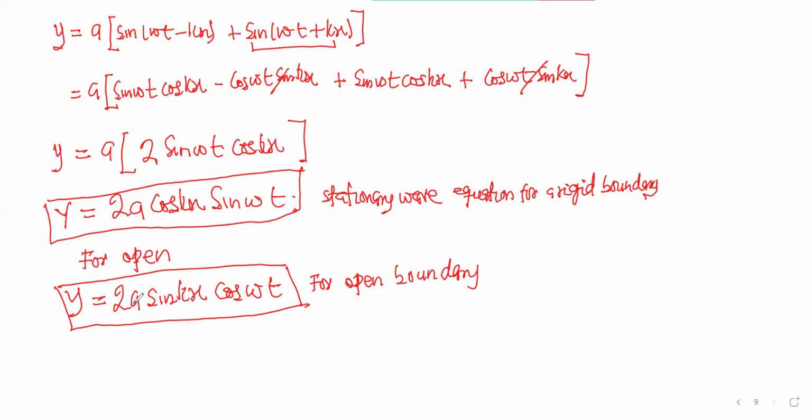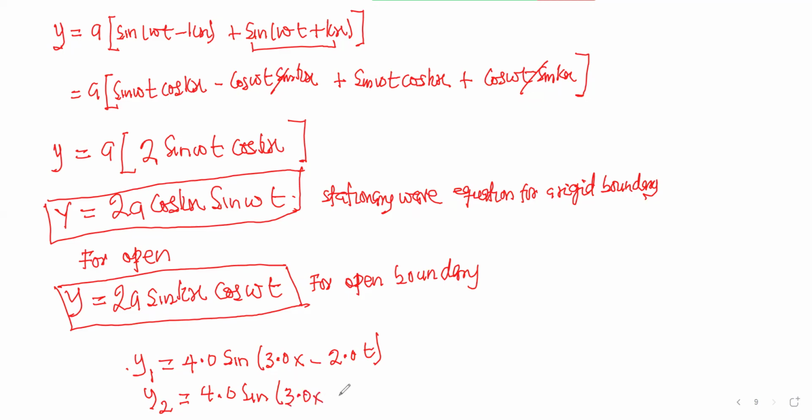So we are told the individual waves are y1 equal to 4.0 (do not write the centimeter) sine (3.0x minus 2.0t), then y2 is also 4.0 sine (3.0x plus 2.0t).